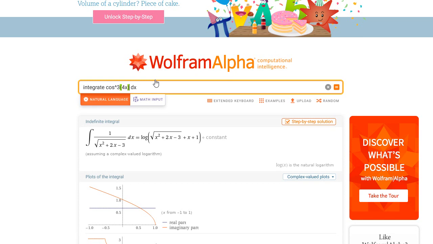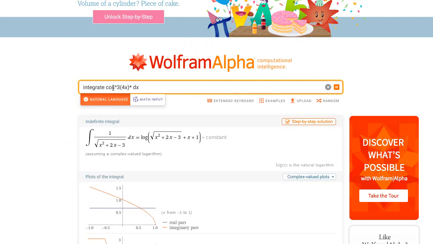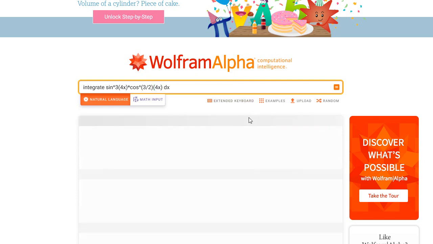And then I'm going to tell it times. And then we needed a cosine 3/2 4x. Actually, this needs to be a sine out in front. Can change that. So a sine cubed times cosine caret, and I'm going to put some parentheses here, 3/2, because that's the power, and then it's also of 4x. Okay, let's see how that looks.